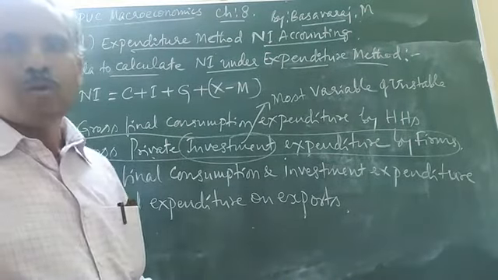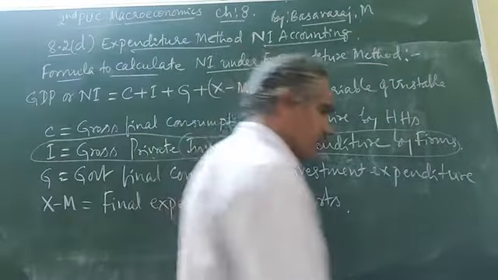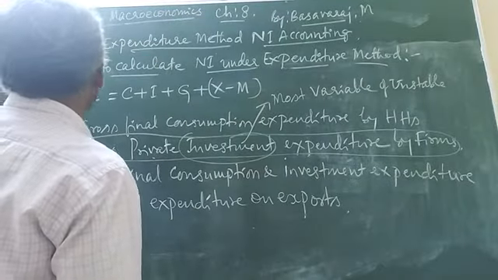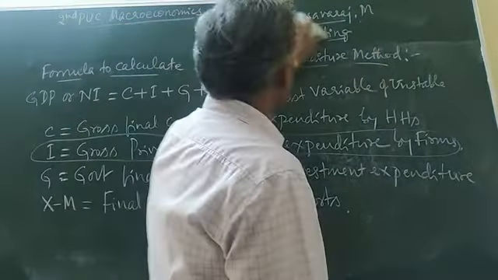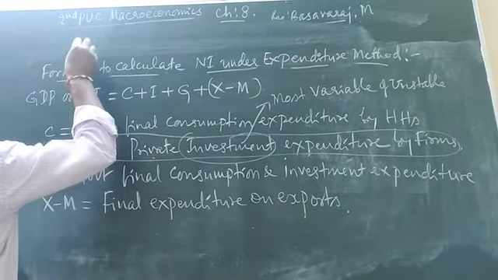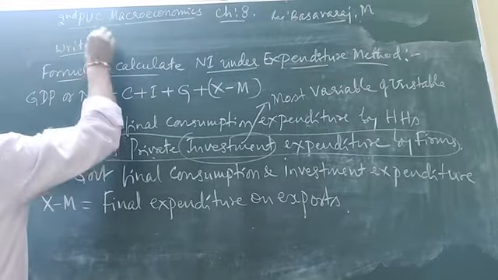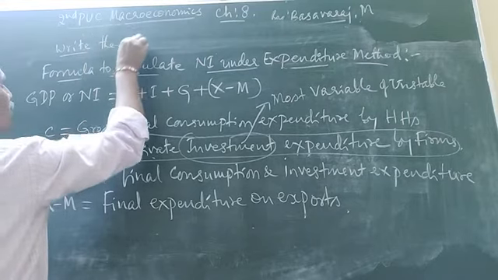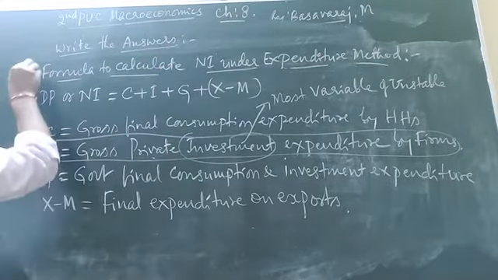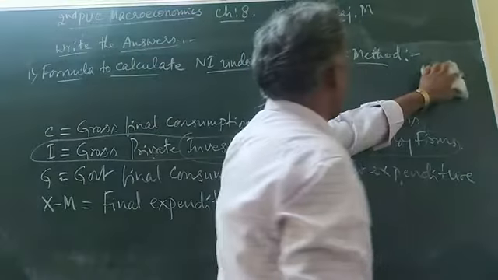Now we shall come to know what questions of assignment you have to get done after watching this video. Write the answers. First is formula to calculate national income under expenditure method.